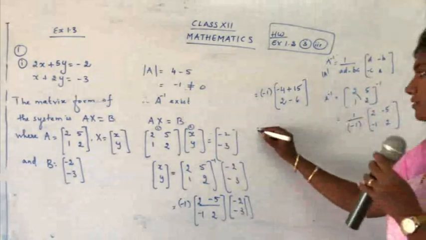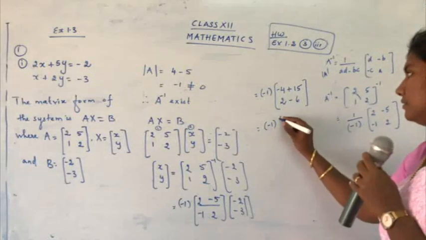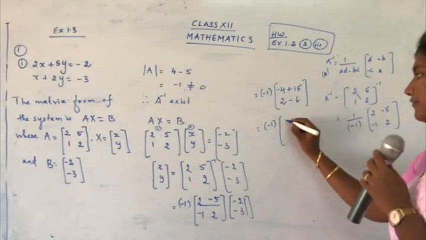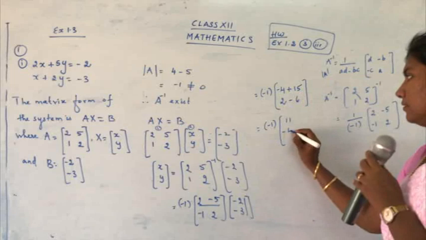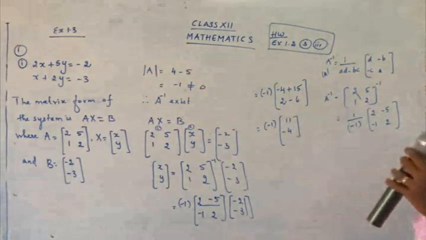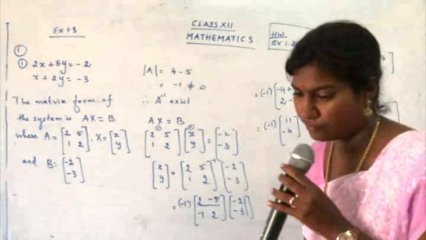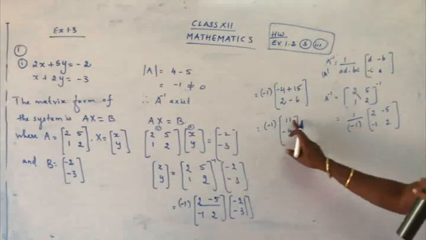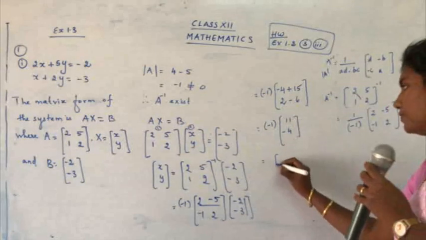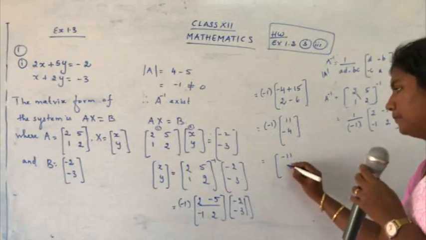So solve it. Minus 4 plus 15 is 11. 2 minus 6 is minus 4. Let's multiply by minus 1, so you get minus 11.